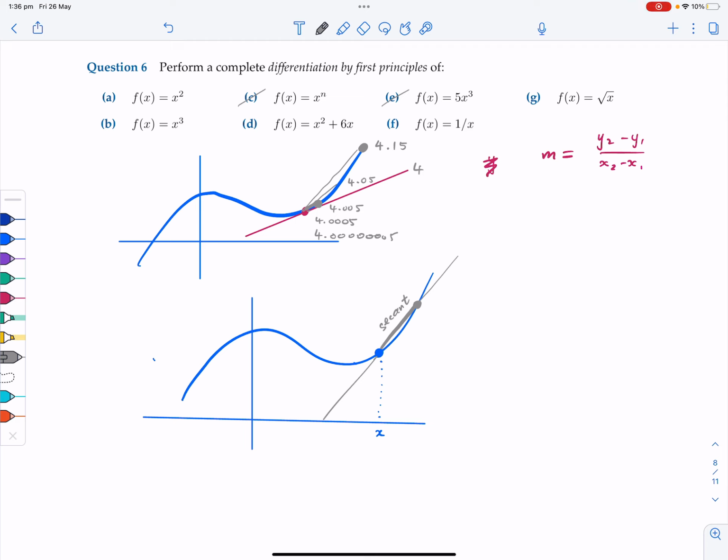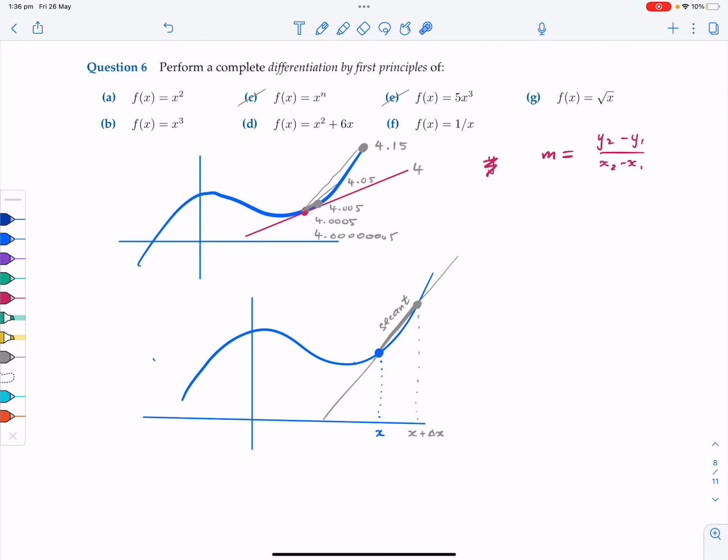We want to know the gradient of the secant. I'm not going to call this position y or q or whatever. I'm going to call it x plus delta x. So delta x just means a small value of x. And what we really want is for it to be a lot smaller than this. We want it to be infinitesimally small.